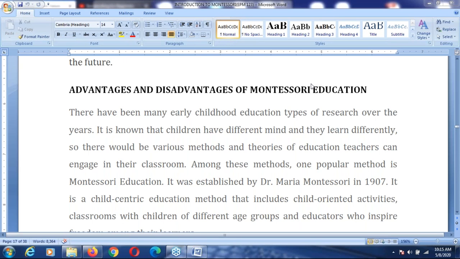Let's quickly go to the disadvantages of Montessori education. Number 1, it is expensive. Montessori education is very expensive.